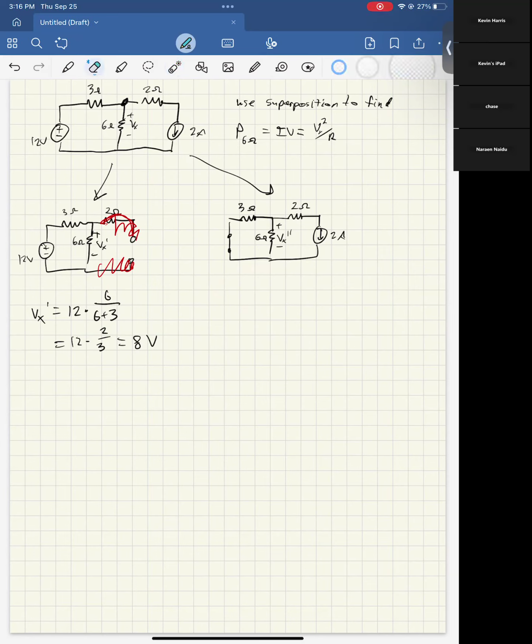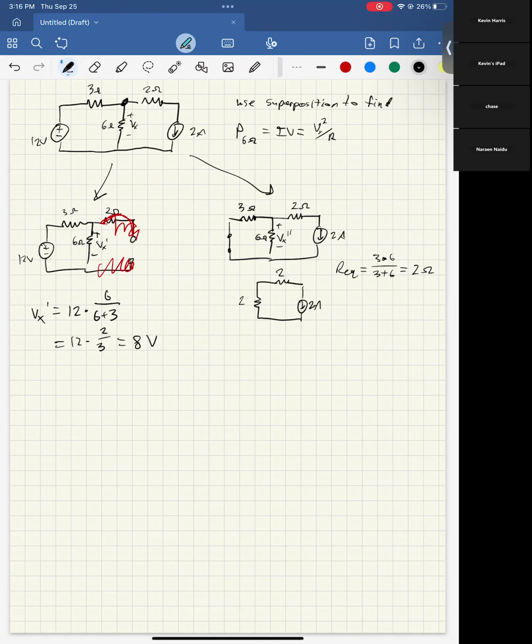So if we want to do that, what's 3 and 6 in parallel? It's going to be 3 times 6 over 3 plus 6, so it's going to be 18 over 9, which is 2 ohms. So what we end up with then is 2 ohms, 2 ohms, and 2 amps.